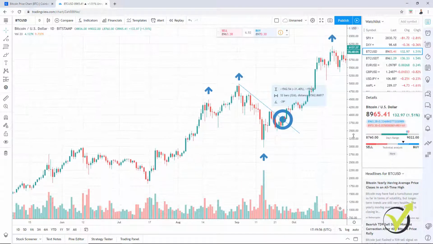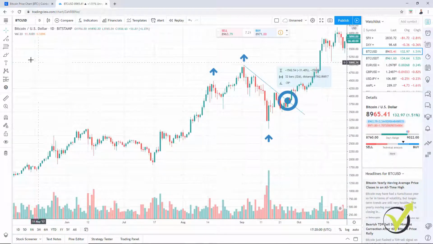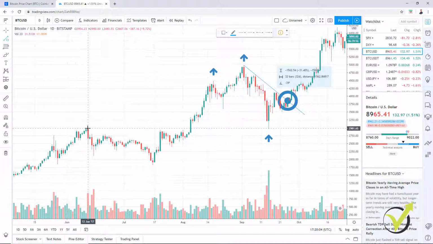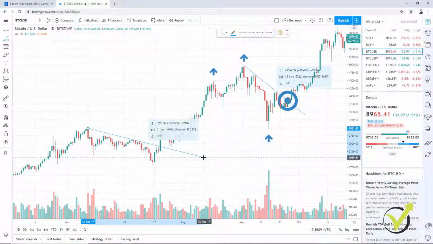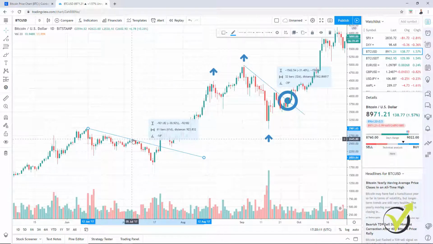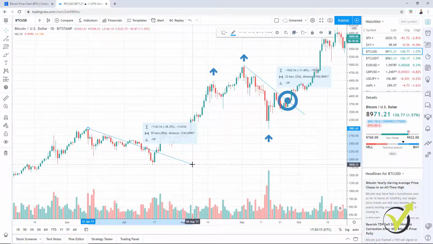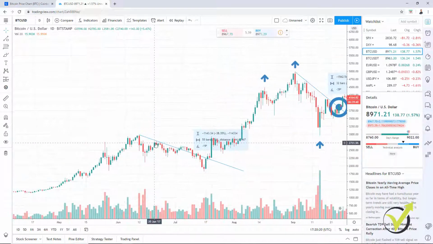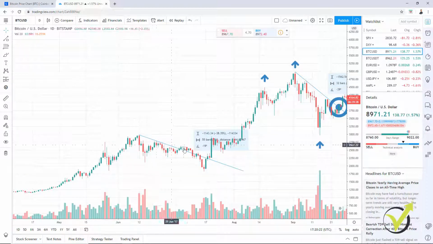So here it is. And if I go just backwards a little bit, you will see that I have another counter trend line right over here. Okay, this one connecting this lower high, or this one first. Okay, here it is. Actually, this was the correct one, I guess. Yep, this one, because it's a little bit higher than that one.